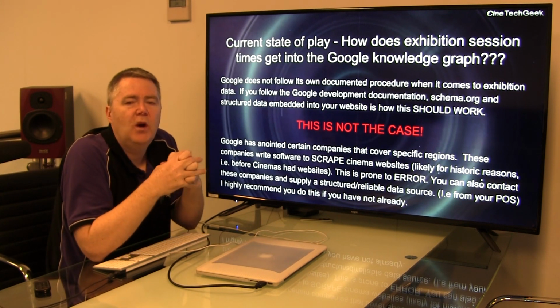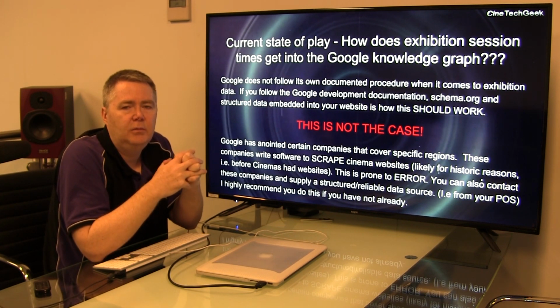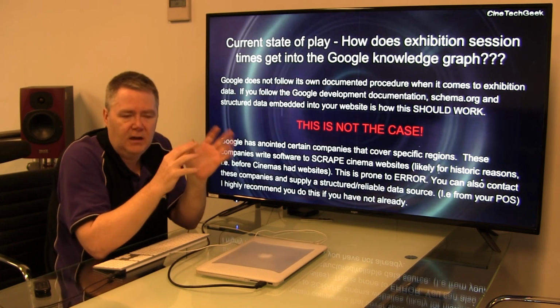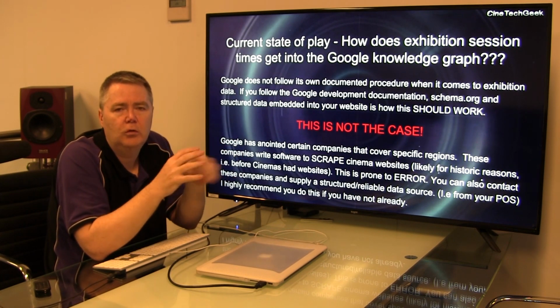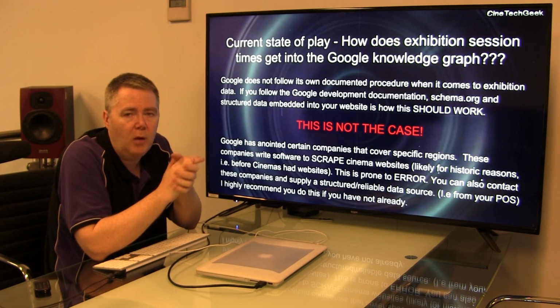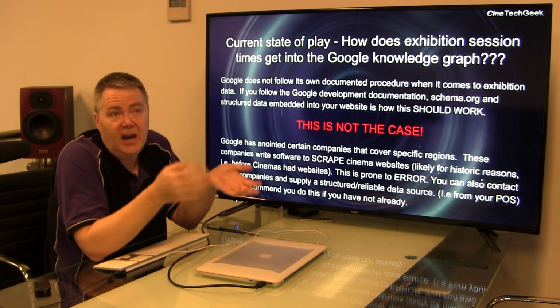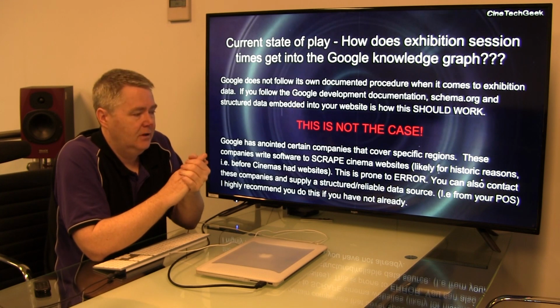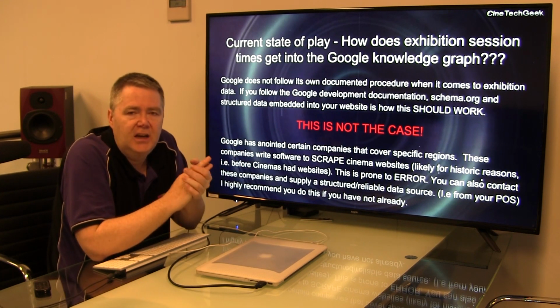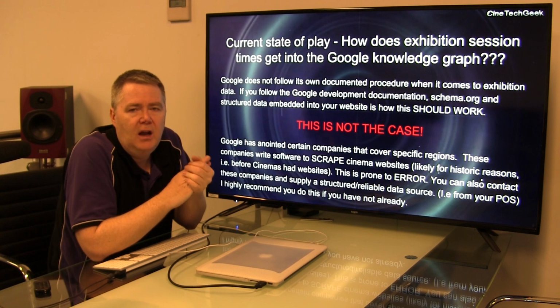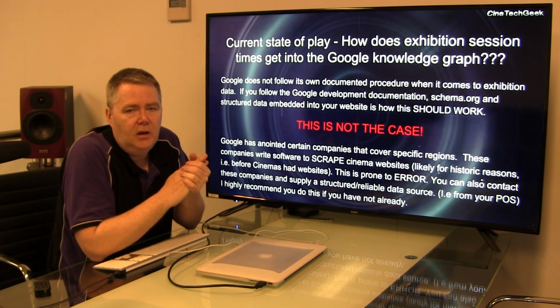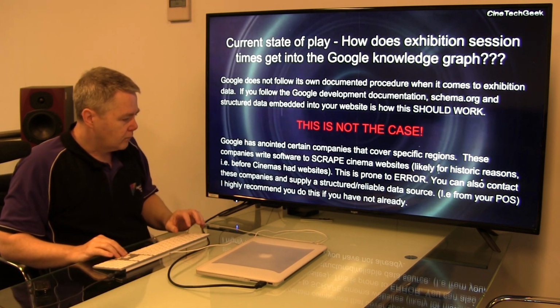There's many ways to do it, and you'll be able to tell them what sort of way you are, and they'll ask for the right data, they'll slot it in, and it's all done, and the data's much more reliable. But I still find they only scrape it at certain times, so if you change your data, because you do occasionally have to change it because of issues, that may not make it into the update, so you've got to keep those things in mind.